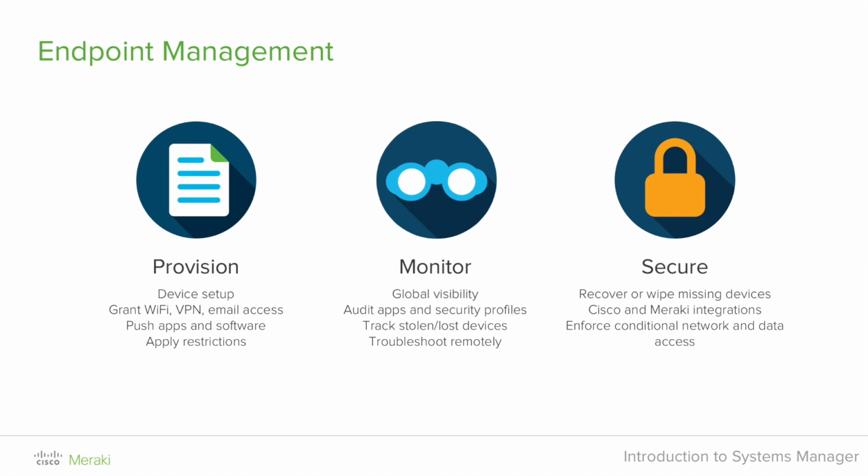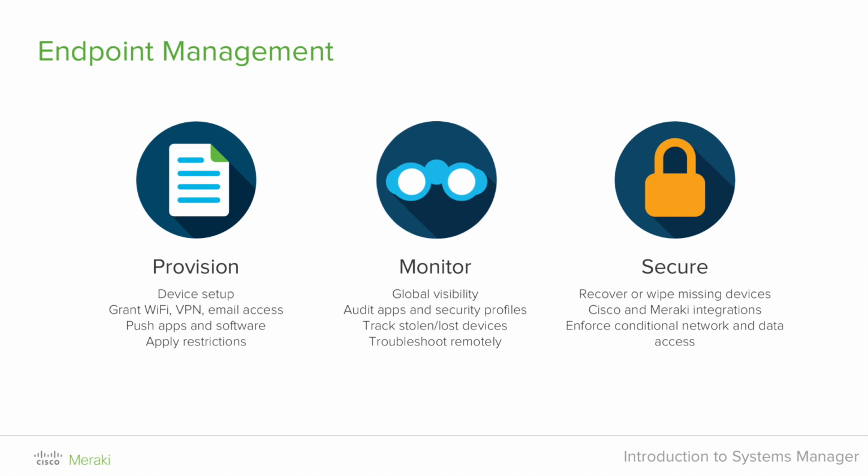Those features tend to fall in 3 different areas: in provisioning devices, monitoring devices, and securing devices. So these are the 3 areas that we've really built Systems Manager's features and functionality to be able to address.